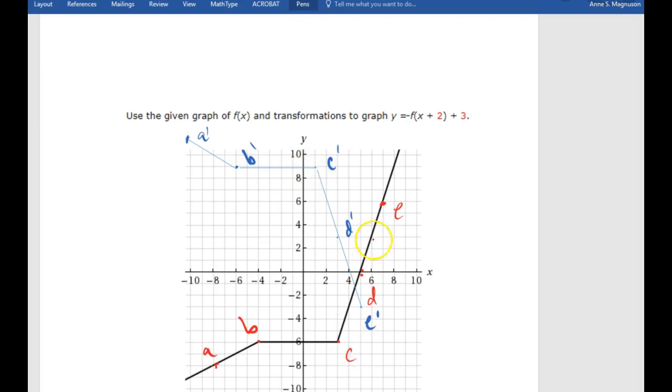And C and E were connected by this increasing line segment. Since I'm reflecting across the x-axis, things are going to be different. It's still a straight line segment, but it's now decreasing. So this blue thin graph is the graph of the transformed function minus f of x plus 2, plus 3.